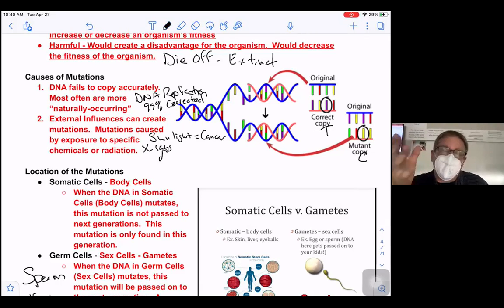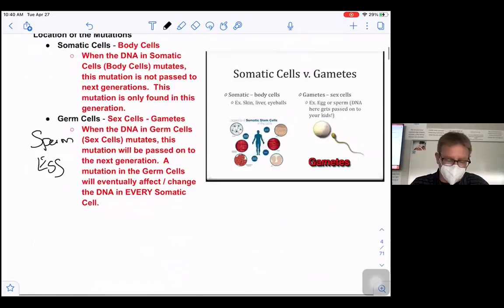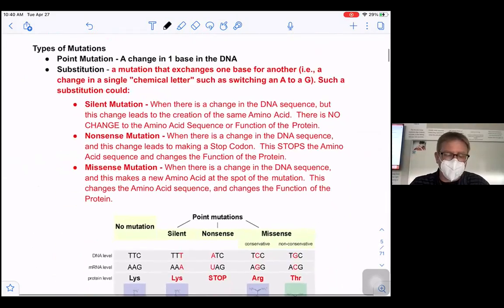Now we're going to look at the different types of mutations, which gets into the heart of our lecture for today. There are two main types of mutations. The first one we're going to look at is the point mutation.